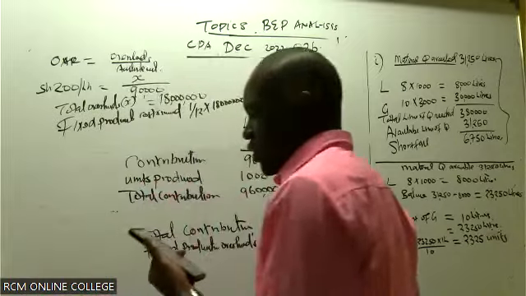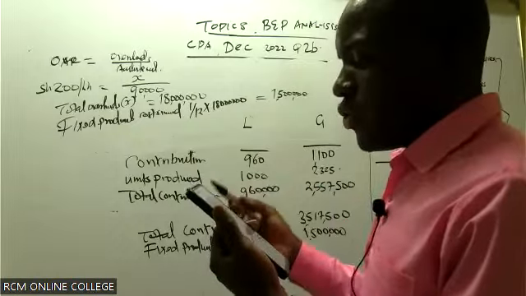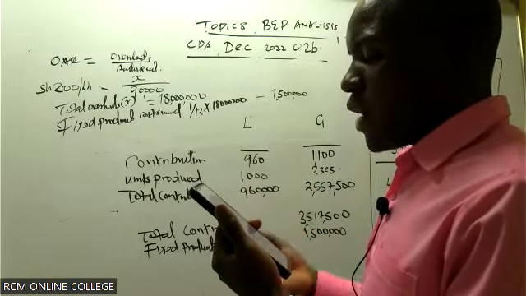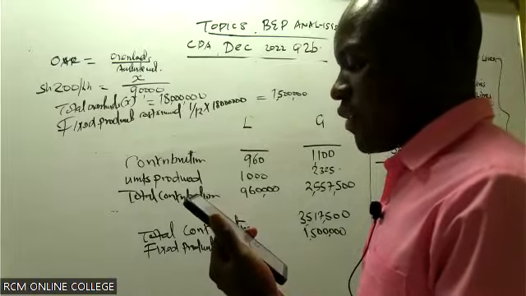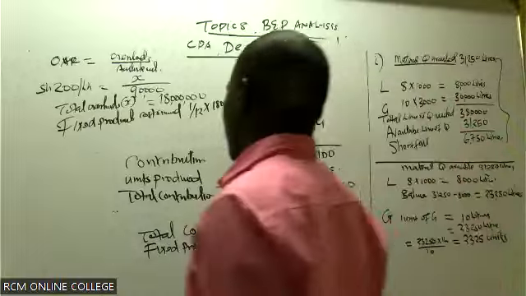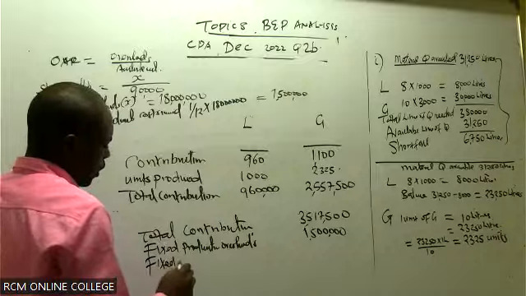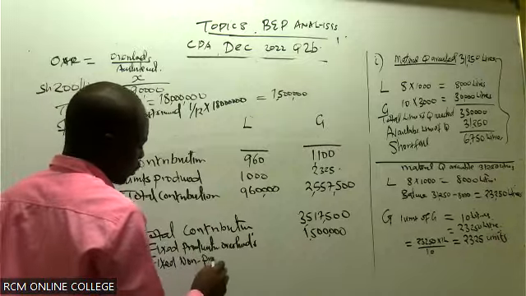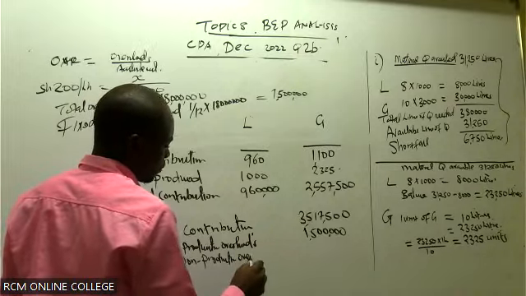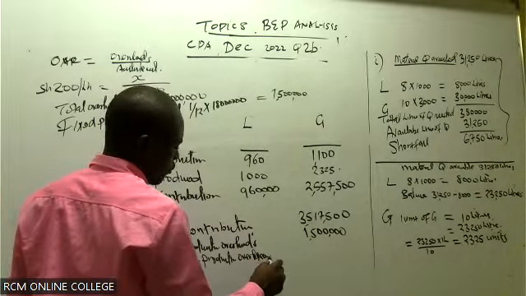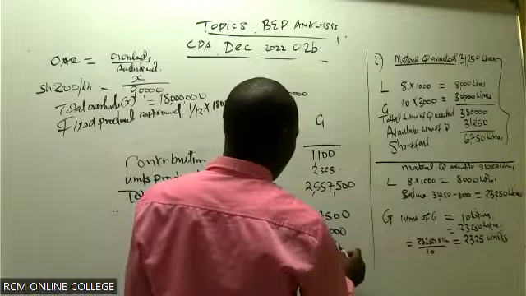Then additional information number 2. In addition to the above costs, non-production overhead costs are expected to be 577,500. So less fixed non-production overheads or costs are equivalent to 577,500.